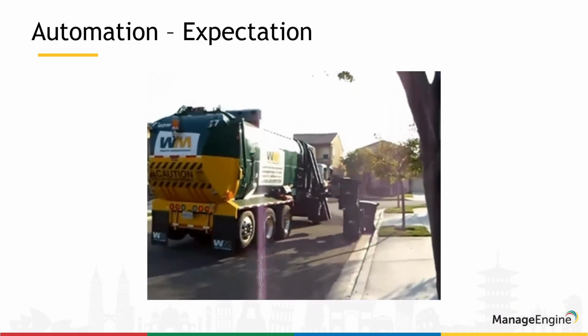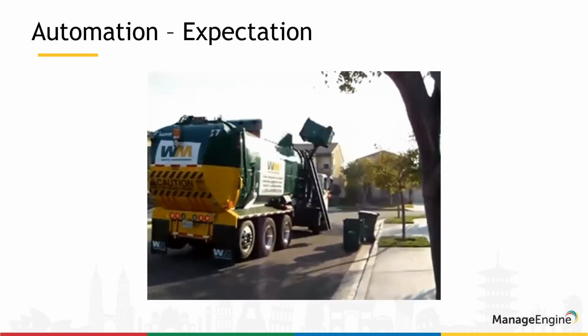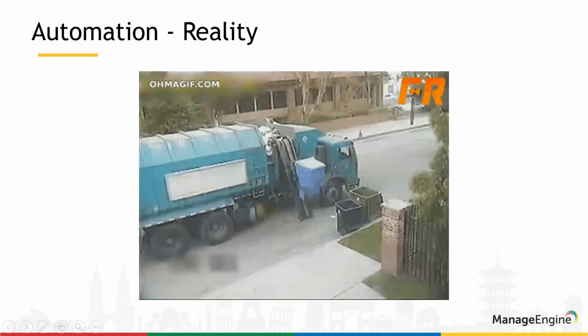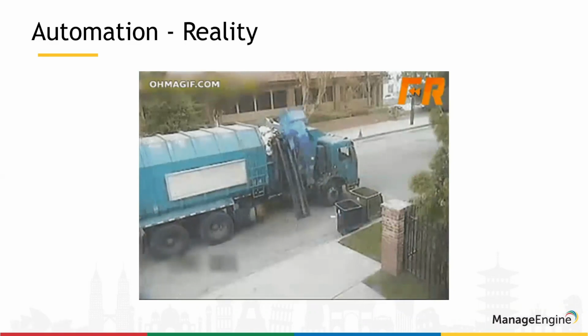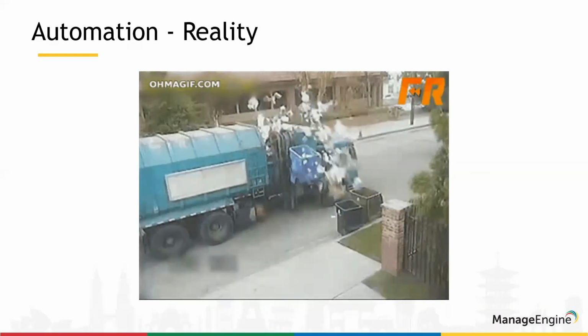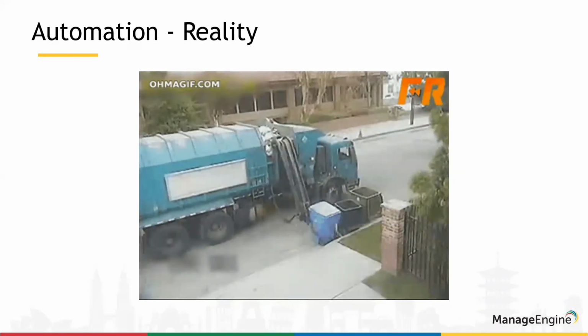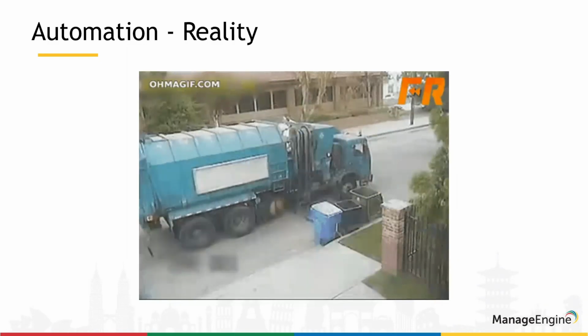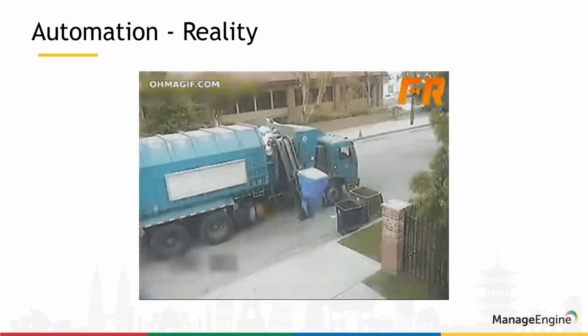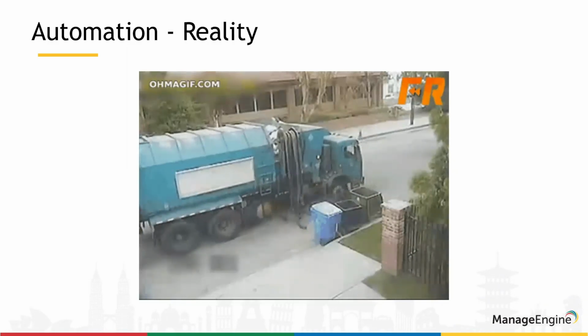But what you're going to see next is automation in reality. Not always, but at times, you want it to do something and it does the exact opposite. So all I'm trying to say is, whenever you configure an automation, be it for user deletion or disabling accounts or whatever it is, I want you to exert supervision.